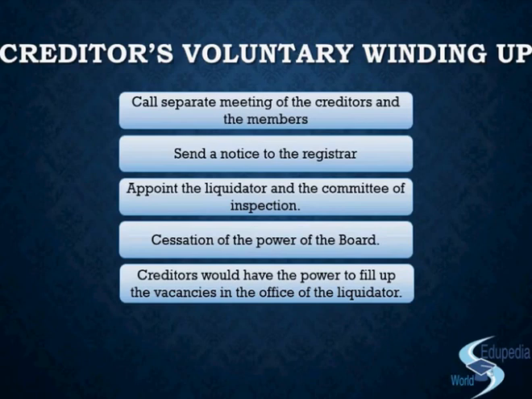The members cannot fill in the vacancy. Why? Because who had appointed them? The creditors. So the creditors will be given the authority to fill the vacancy. That means to reappoint someone, maybe not the same person, some other person, but the reappointment in the office of liquidator will be done by the creditors.